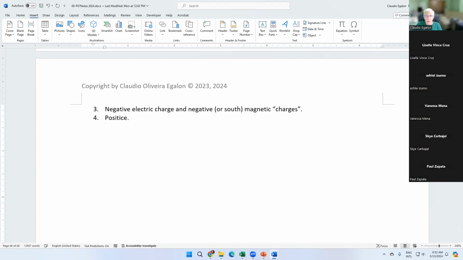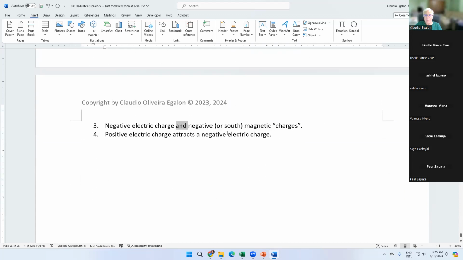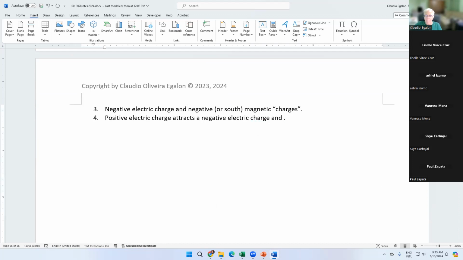A positive electric charge attracts a negative electric charge.